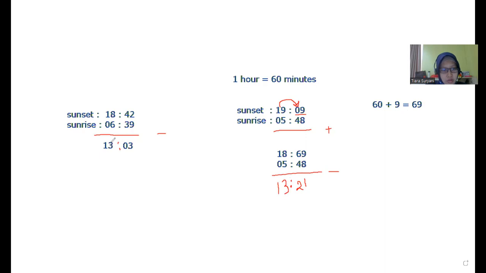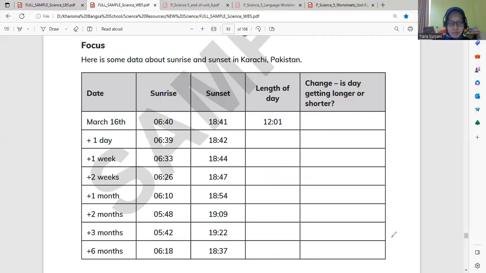Oh, by the way, this one is supposed to be 12. So it's 13 hours and 21 minutes. And so on, we can do this calculation for the next one as well.